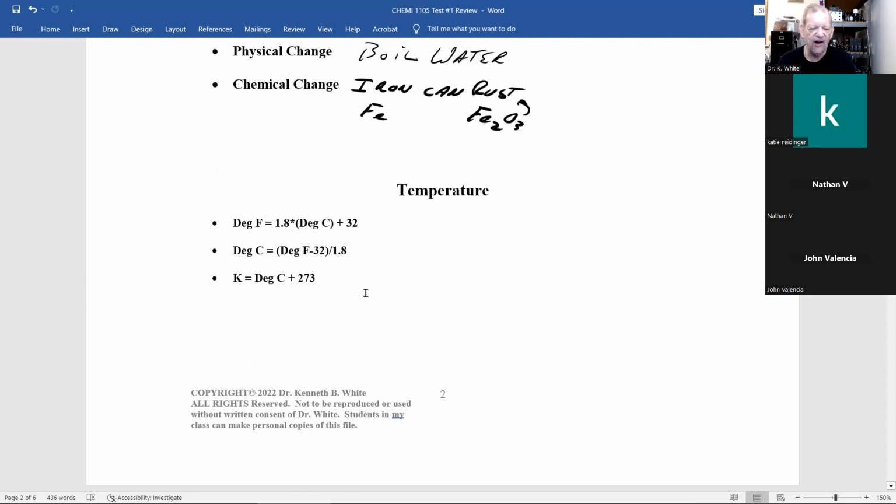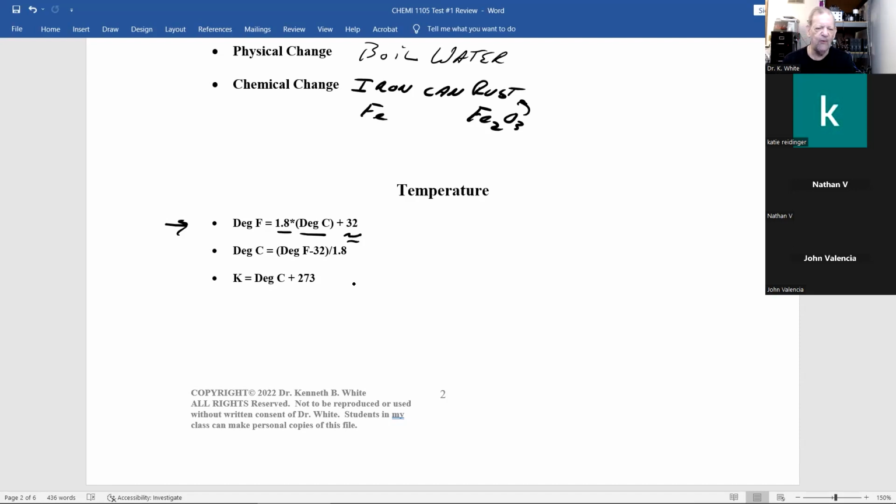All right, next I talked about formulas for converting from one temperature scale to another. And here they are. And you should know how to use these. And I did that in the video. There's also practice problems. One thing to remember, for this formula, do the multiplication here before you add the 32.